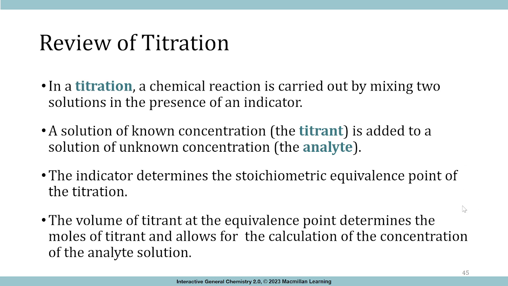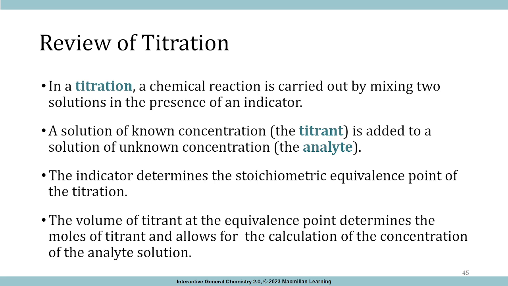The indicator is going to determine the stoichiometric equivalence point of your titration. Now, notice that this is a very special way of using an indicator. We're using it as, hey, these line up. Okay? It's indicating that we have put in an equal amount of base to our acid, or an equal amount of acid to our base, right?